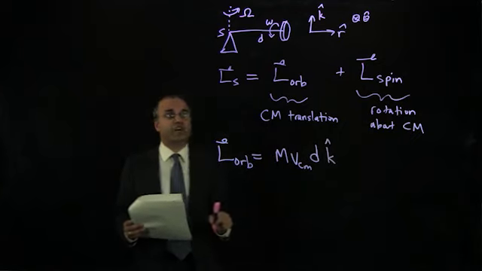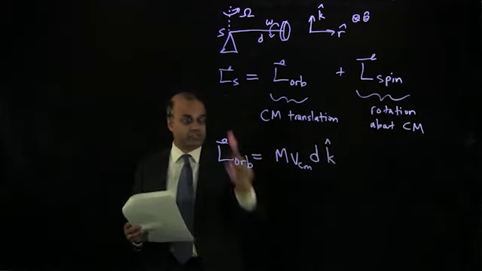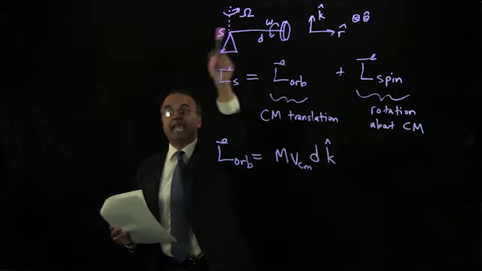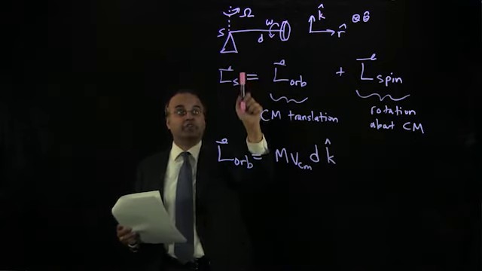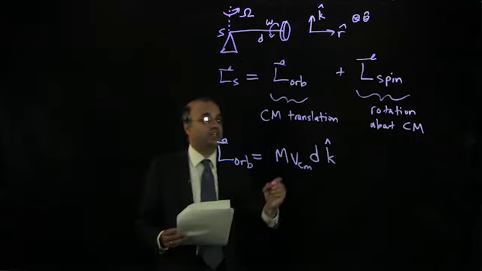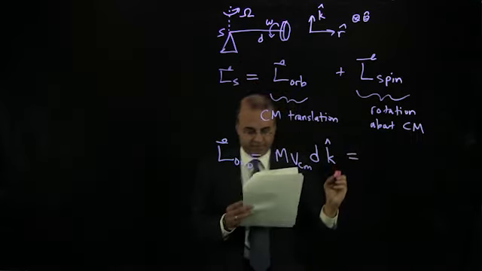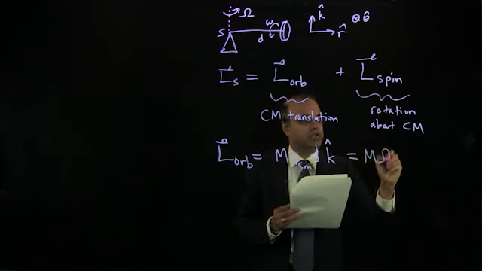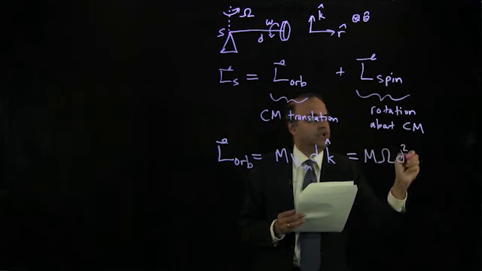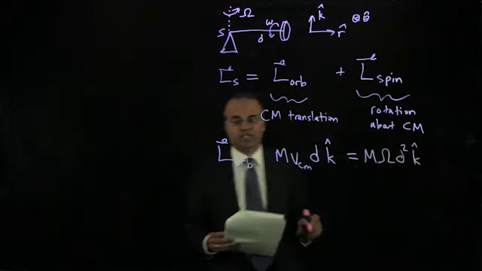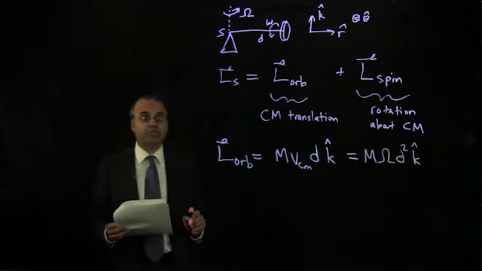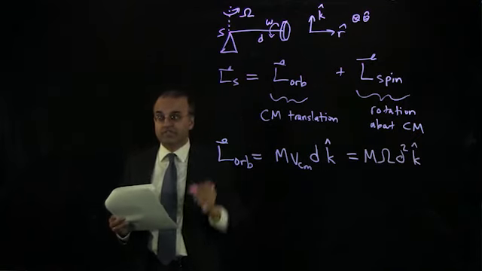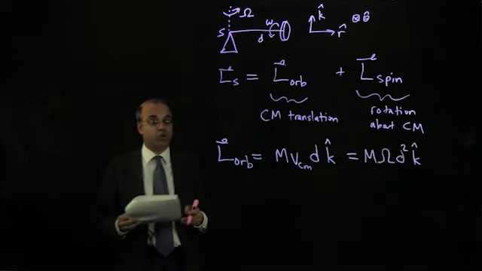But the center of mass velocity, since it's a circular motion, is just equal to the radius of the circle, d, times the angular speed of the circular motion of the center of mass, which is capital omega. So I can write this as m capital omega d squared in the k hat direction. So that's the angular momentum due to the translational motion of the center of mass around point S, what I'm calling the orbital angular momentum.